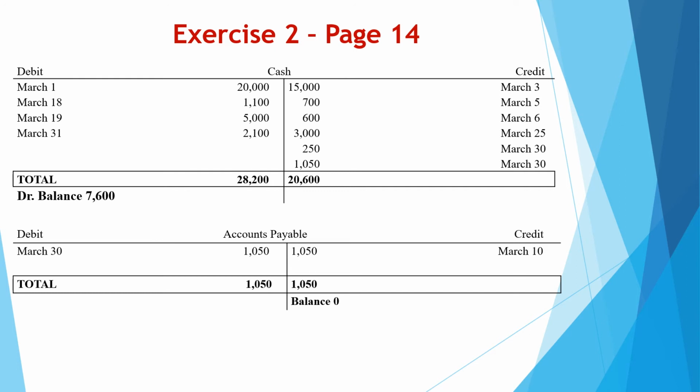We need to find the balance of the account. As previously explained, if the total of the debit side exceeds the total of the credit side, the difference between the totals is a debit balance, and it is located at the end of the debit side.